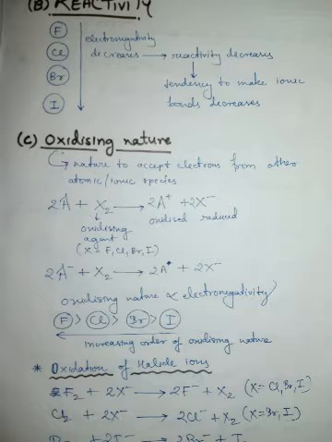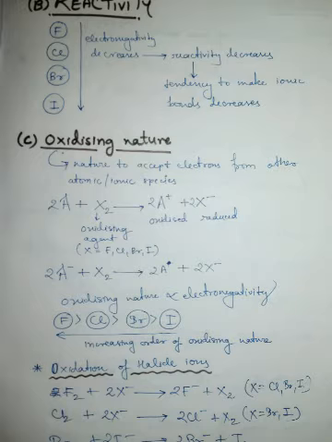Now point C is the oxidizing nature of these elements. What is the meaning of oxidizing nature? It simply means the nature to accept electrons from other atomic or ionic species in a reaction. For example, if you have an atom of an element and it reacts with a halogen molecule, the halogen will get the negative charge and the atom of the other element will get the positive charge.